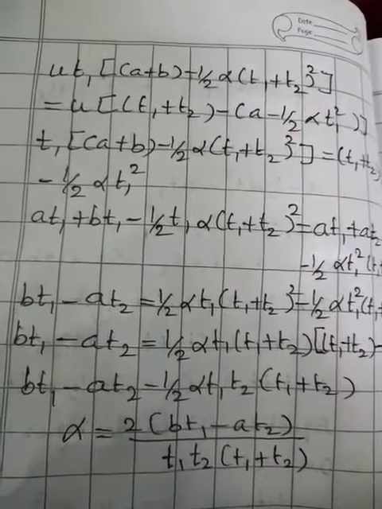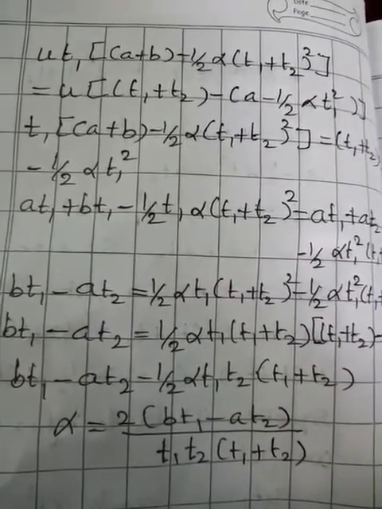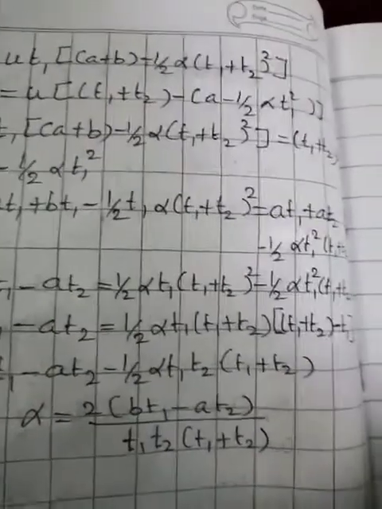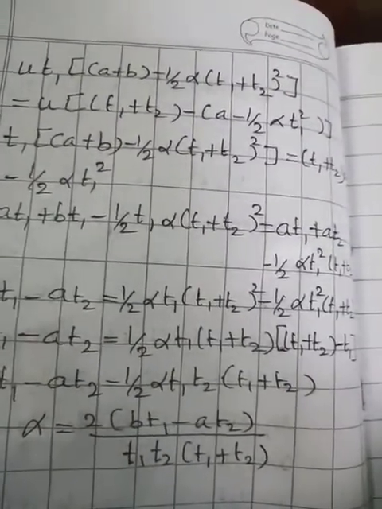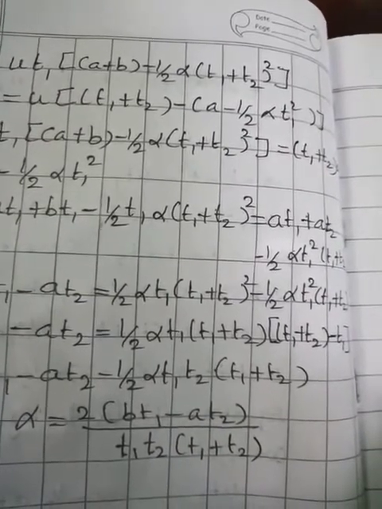Next, b into t1 minus a into t2 equal to 1 by 2 into alpha into t1 bracket t1 plus t2 into t1 plus t2 minus t1.